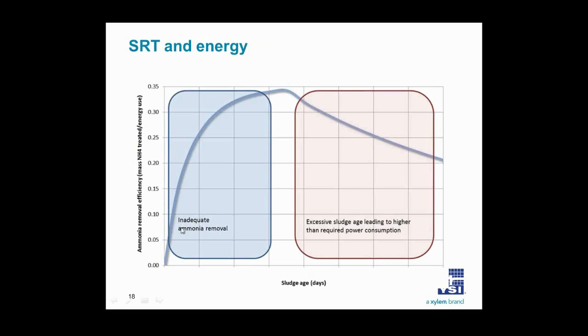In this case, in the blue area here, we have inadequate ammonia removal. And in the red area here, we have ammonia removal but excessive sludge age, leading to higher power consumption. And so the optimum sludge age is somewhere in between that allows you to achieve nitrification without excessive energy consumption.